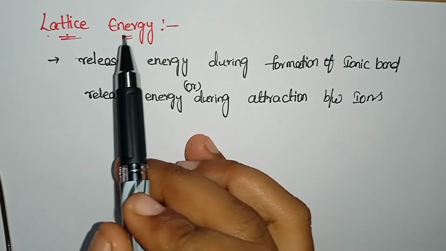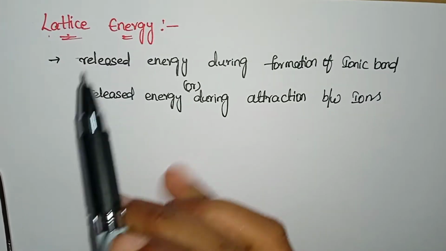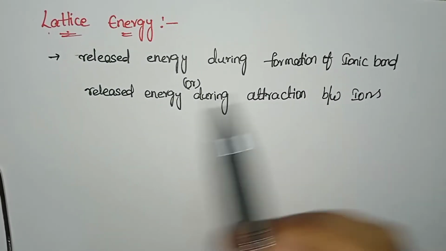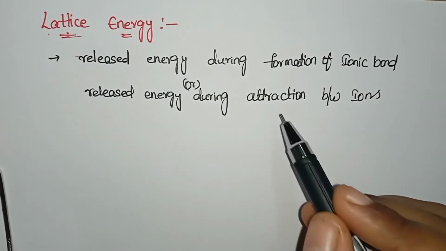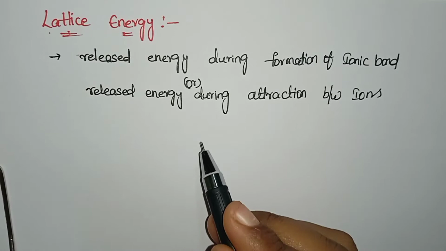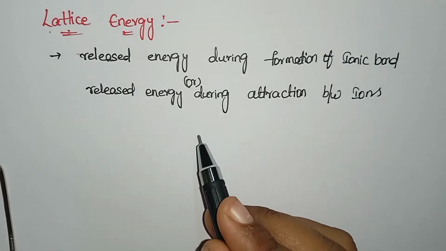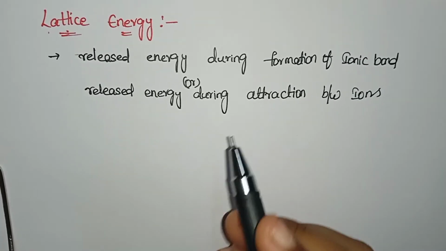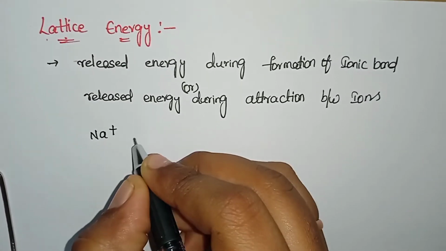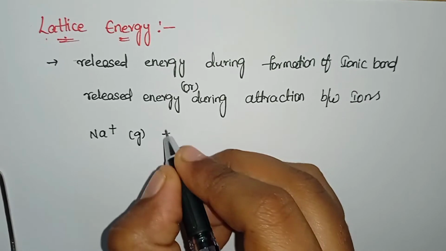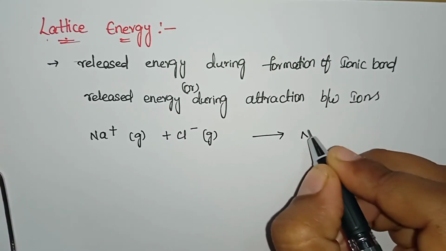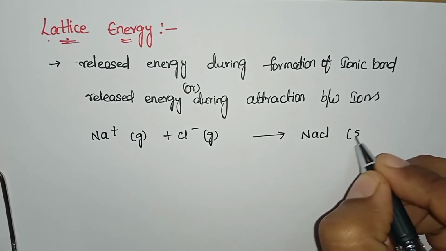Next, lattice energy. So what is lattice energy? It is the energy released during formation of an ionic bond, or the energy released during attraction between ions. Okay, energy released during formation of the crystal lattice of 1 mole of ionic compound. So Na plus in gaseous form plus Cl minus in gaseous form forms NaCl, which is solid.